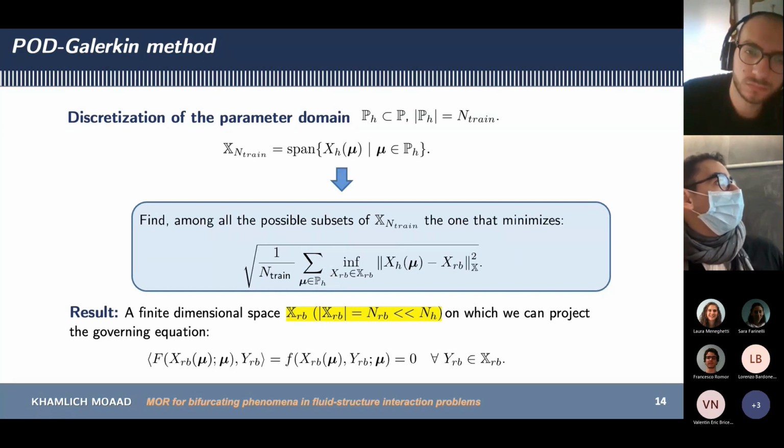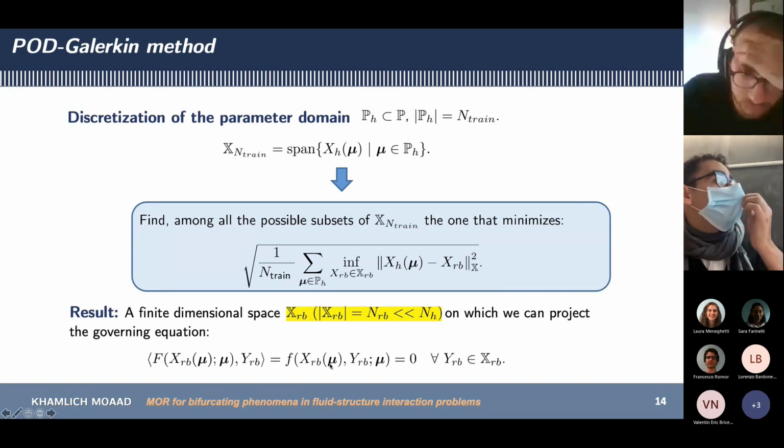And once this optimization problem has been solved, basically you have a set of reduced basis functions whose cardinality is way smaller than the number of degrees of freedom of the full order model you started with, and therefore this basis can be used to perform again a Galerkin projection. And because of the finite dimensional nature of the subspace you are dealing with, you will have an algebraic system of equations.